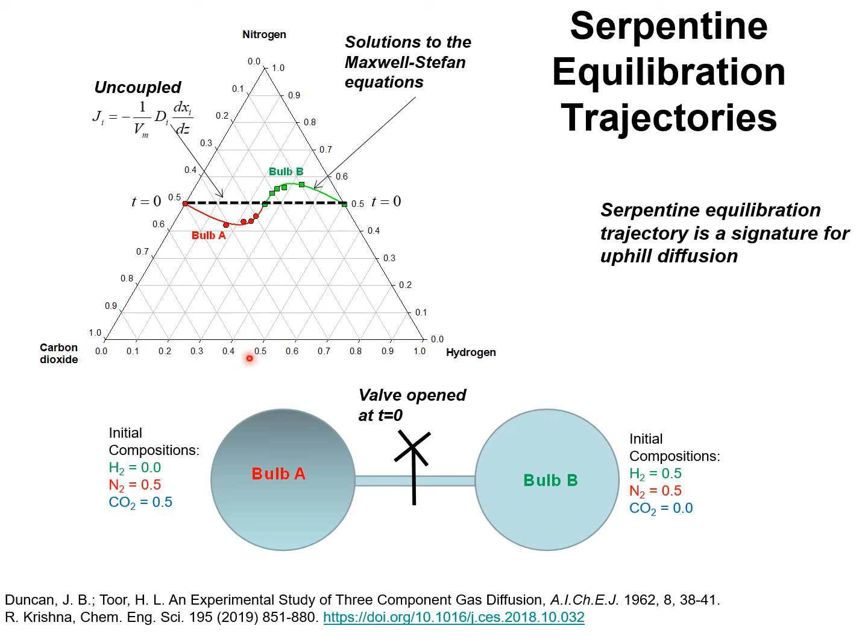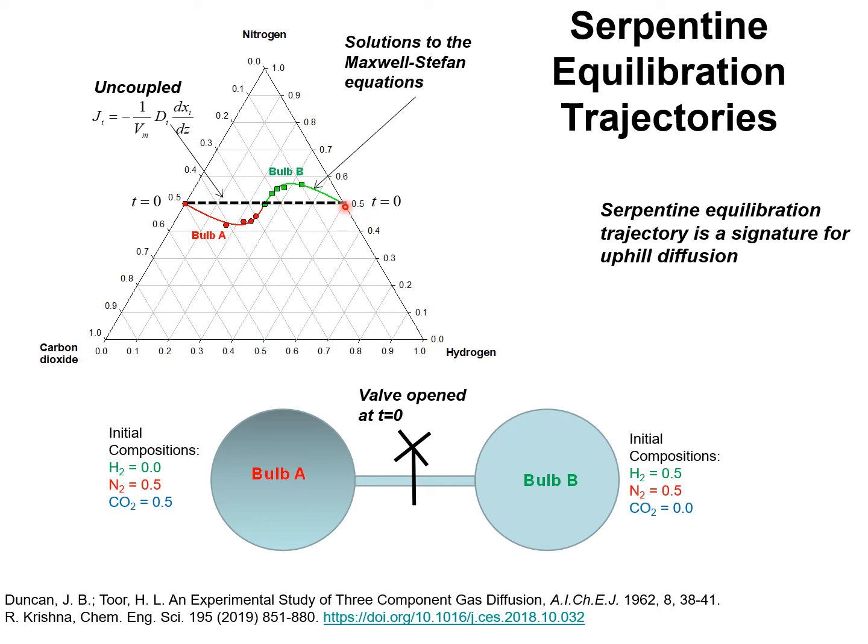The experimental data of Duncan and Toor measured in the two-bulb diffusion apparatus is plotted in ternary composition space. The red circles denote the equilibration from the initial compositions to the final equilibrated composition.